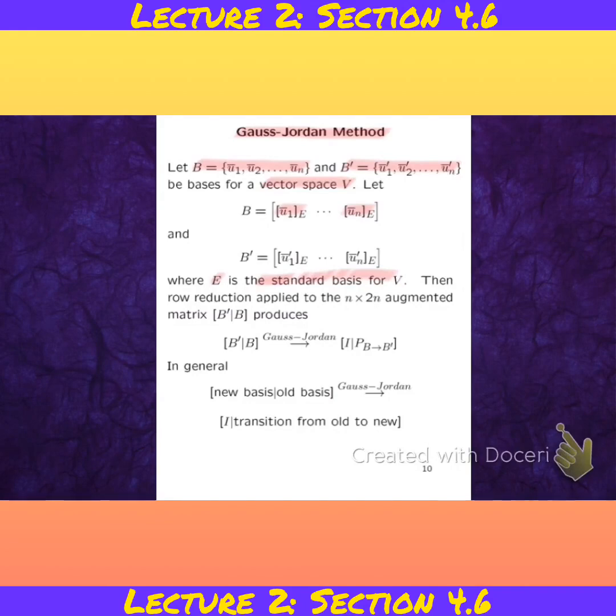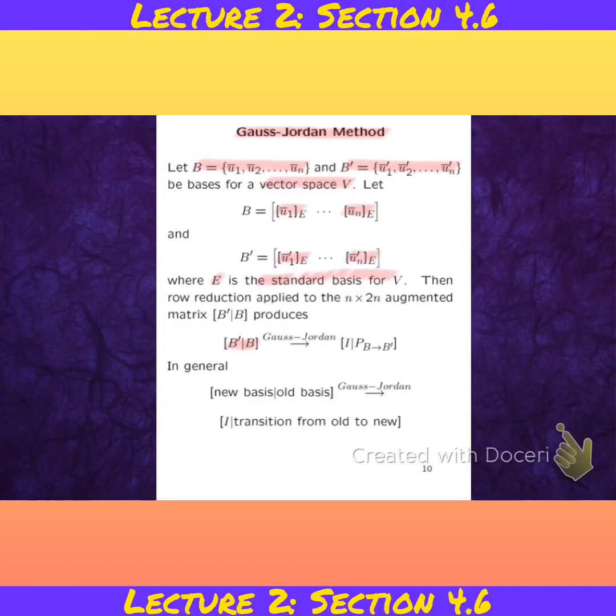You take every vector in B prime, write its coordinate vector with respect to the basis E down, and you form the columns of the matrix B prime in that way. Now, what you do is you place the matrices B and B prime next to one another in another matrix, and you separate them.